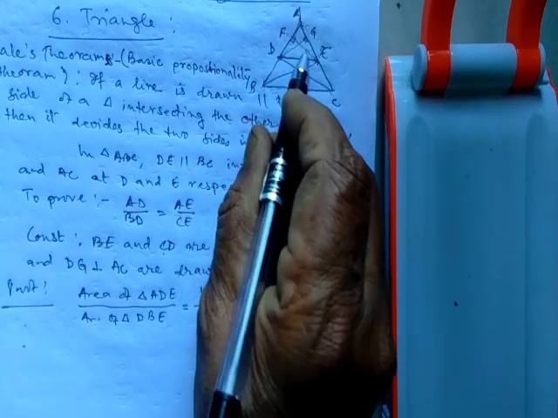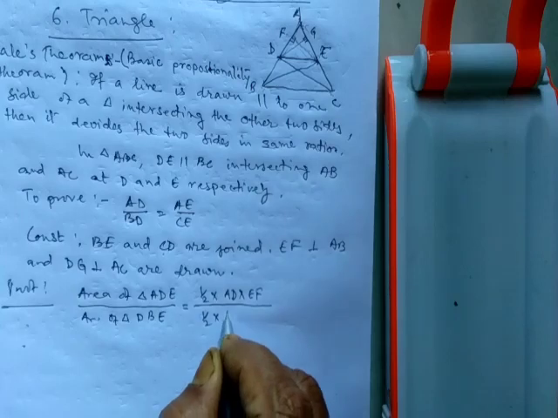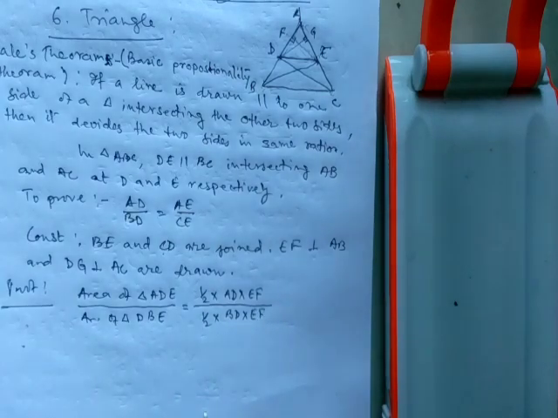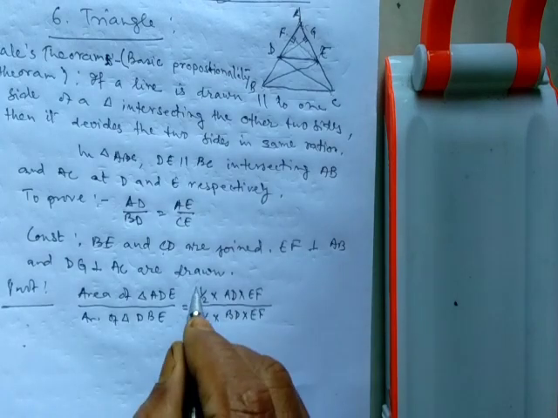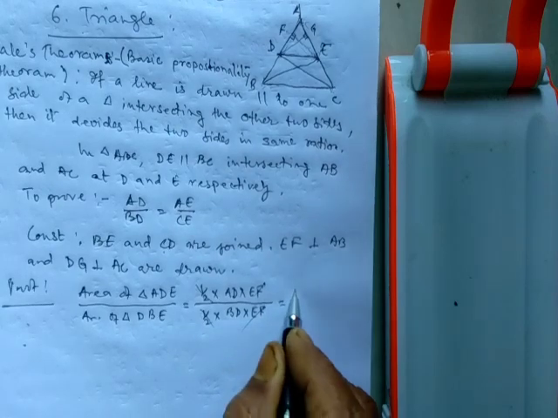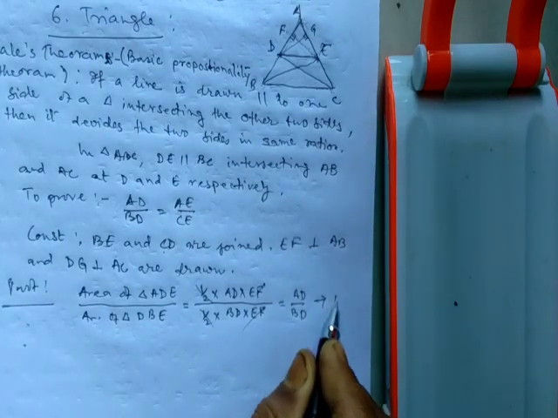For this triangle the altitude is the same. Half and half cancelled, EF and EF cancelled, this is equal to AD by BD. This I am marking as 1.